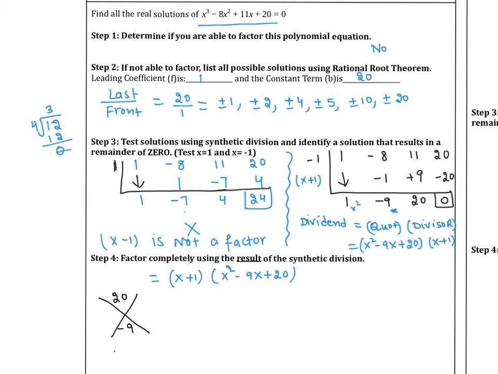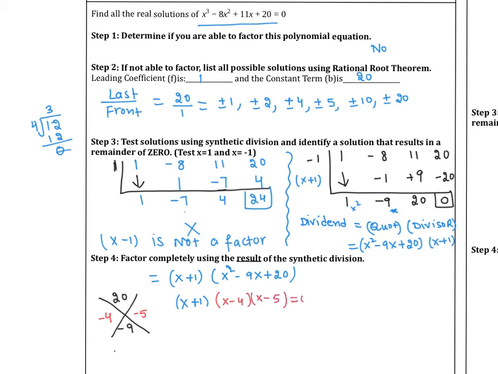So those numbers should be -4 and -5. We write the factor x plus 1 as is, and the other factors are going to be x minus 4 times x minus 5.